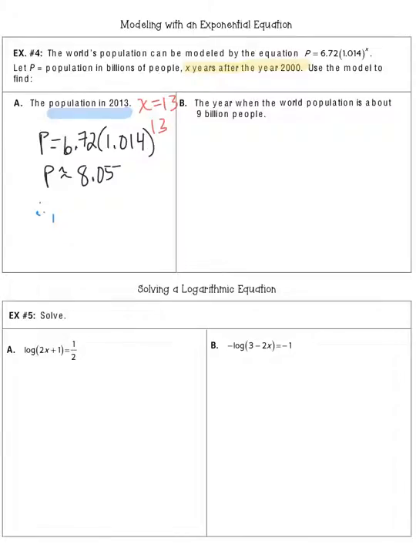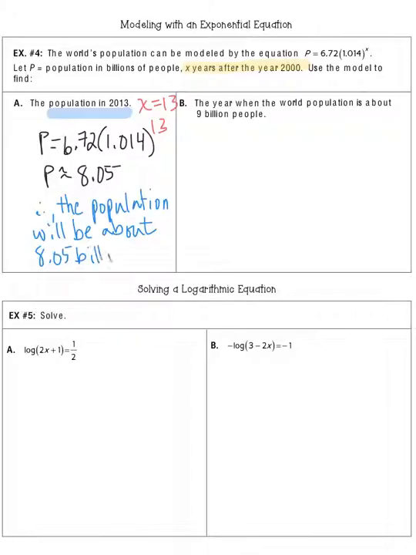Therefore, the population will be about or approximately. You have to use a word of approximation because we rounded it. So the population will be about 8.05 billion in 2013.